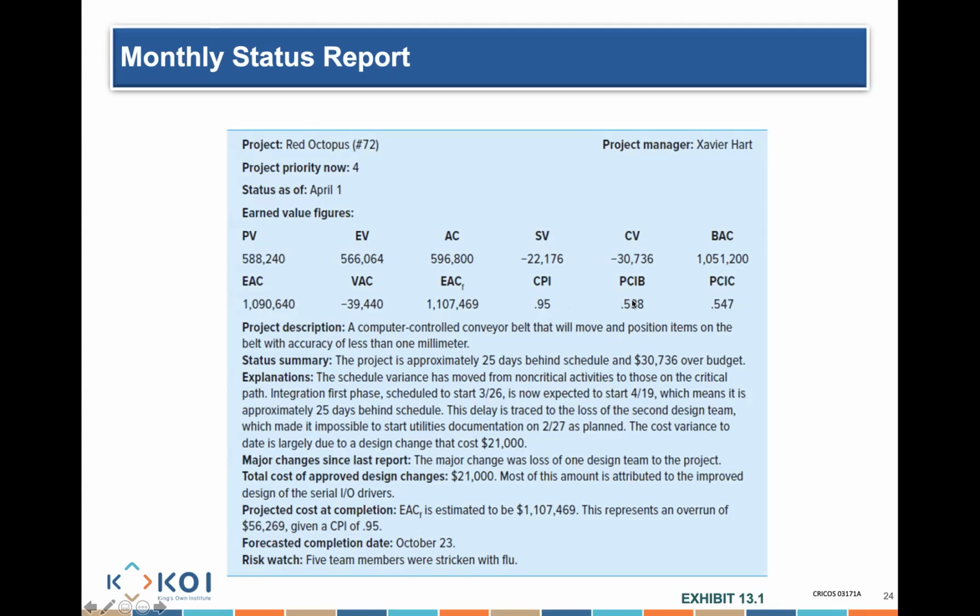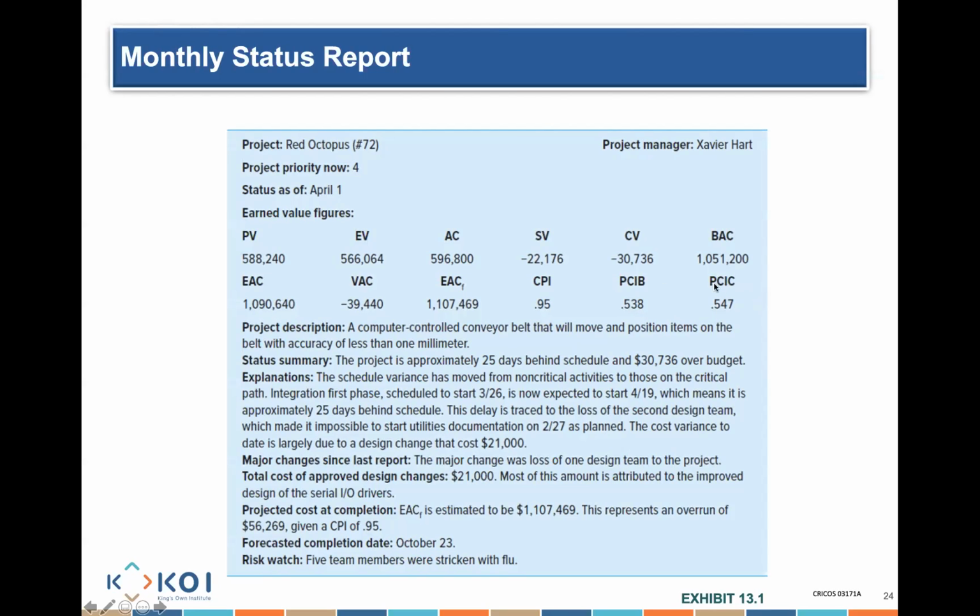Percentage completion index: what have I completed? In terms of my schedule, I have finished 0.538 of the schedule that I'm supposed to finish. In terms of costing, I have completed around 0.547 of the cost for that particular project.